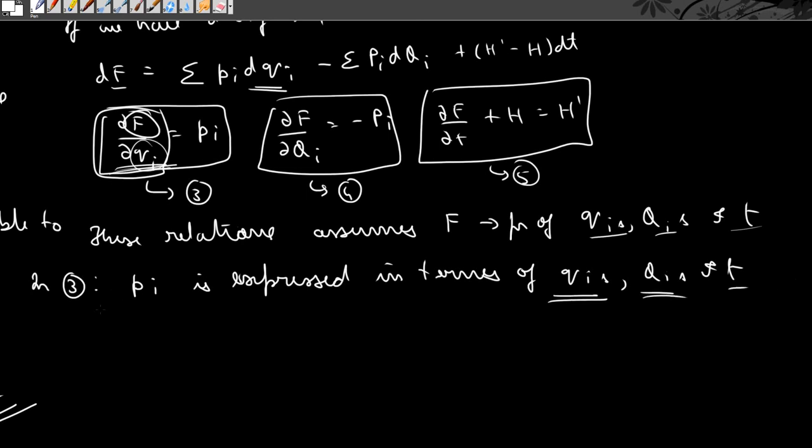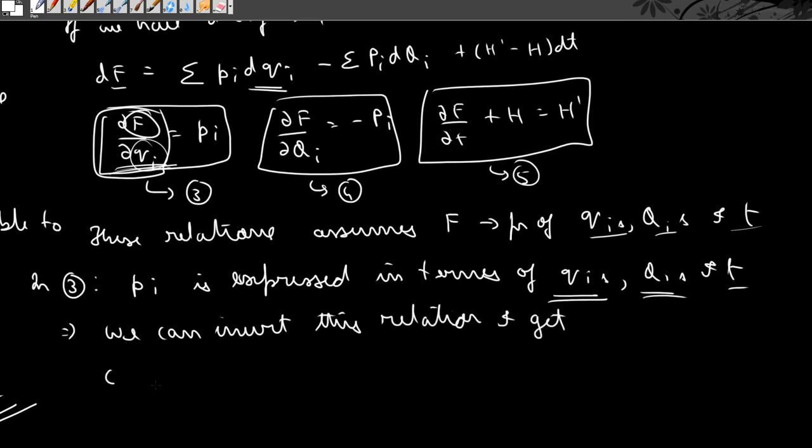So this implies we can invert this relation and get our capital Q i's as a function of p i's, q i's and t.